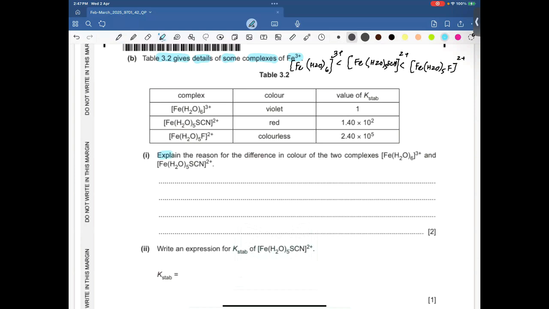Explain the reason for the difference in the color of the two complexes, this and this.